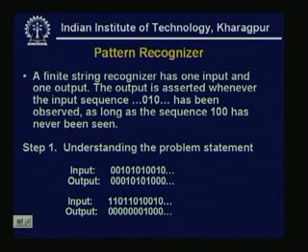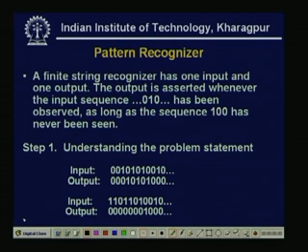Now, we take one example, say a finite string recognizer that has one input and one output. The output is asserted, that means the output will be 1, whenever the input sequence 0 1 0 has been identified.